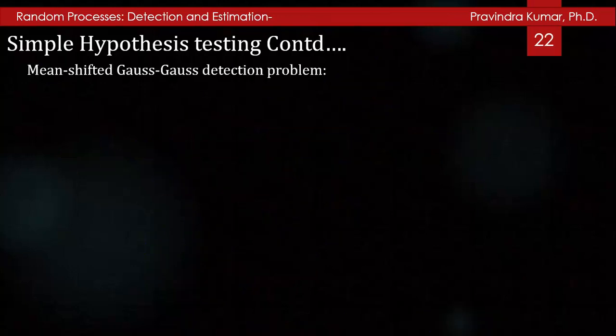Now we will discuss the mean shifted Gauss-Gauss detection problem. In this class of detection problem, we observe the value of the test statistic x bar and we decide H1 if x bar is greater than gamma dash.